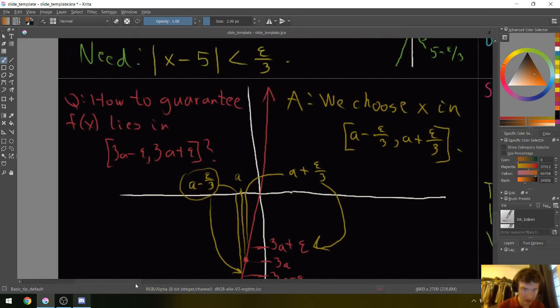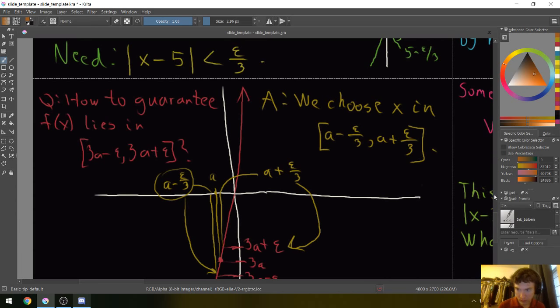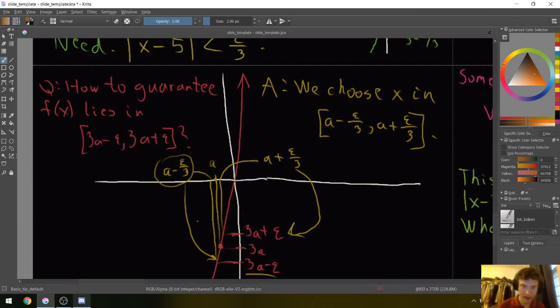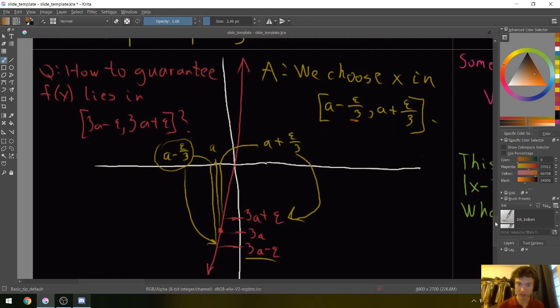We can make the output as close as we would like to 3a, for any positive epsilon. We can guarantee it's going to be that close to the output by choosing a particular range of values that are allowed inputs. So this is what we mean by the statement that the function gets close to 3a.